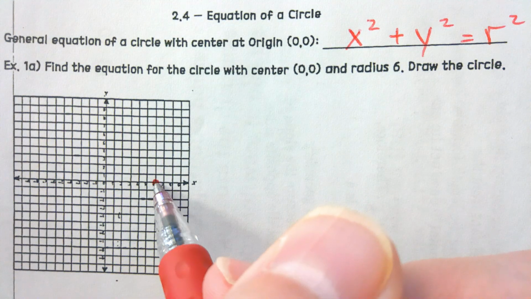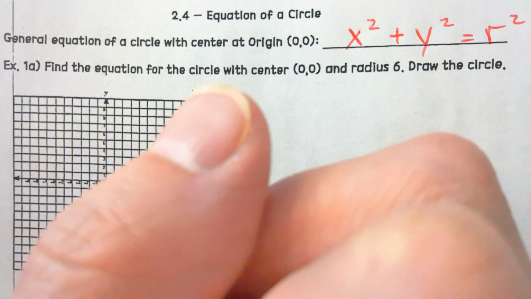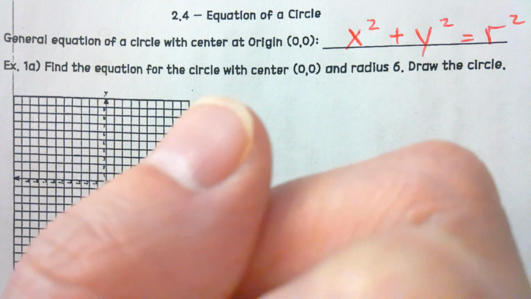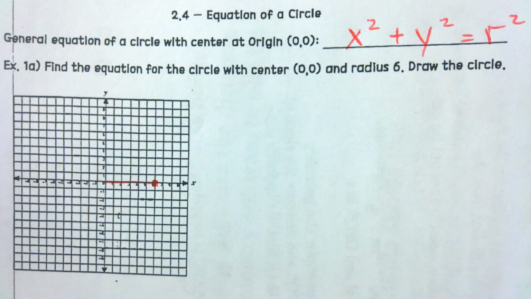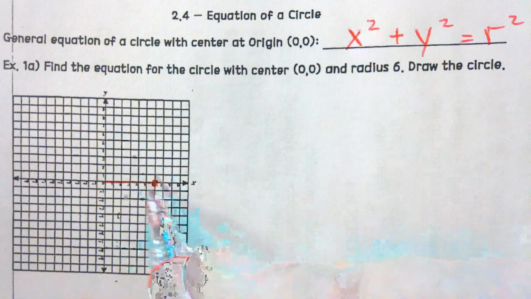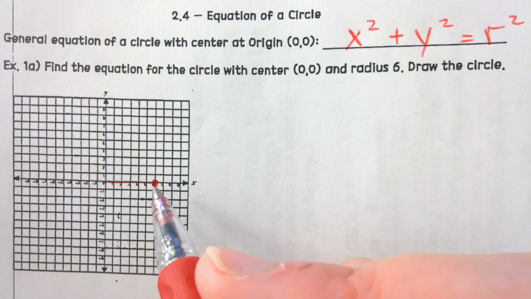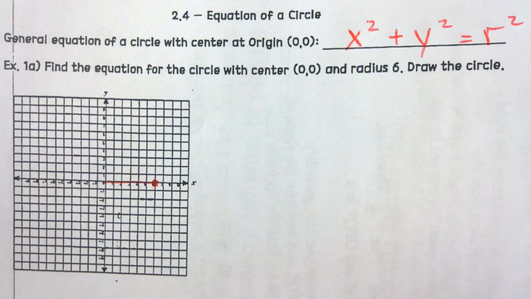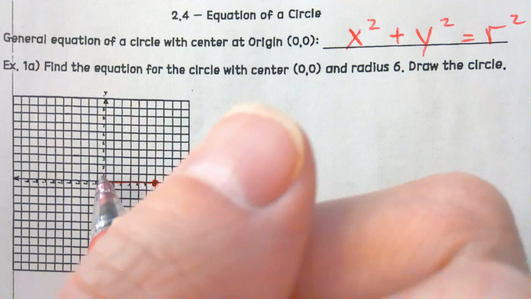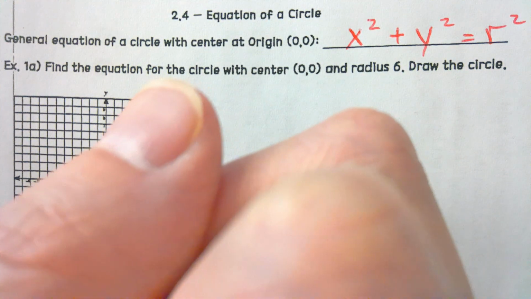What other point do you know on the circle? Okay, so I know this is my center, and I know that the radius is 6. So I know the point 6, 0. What's another point on this circle that you know? Andy? Negative 6, 0. That's right. What's another point?